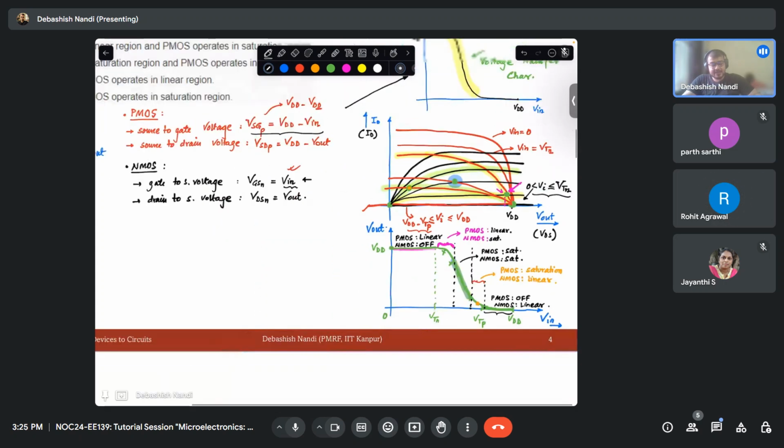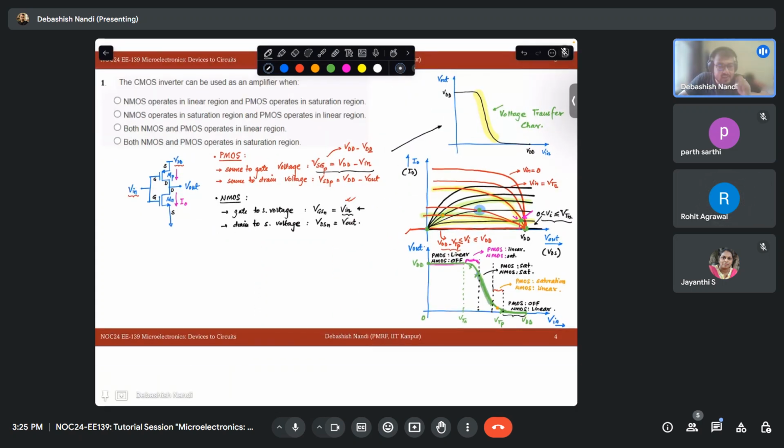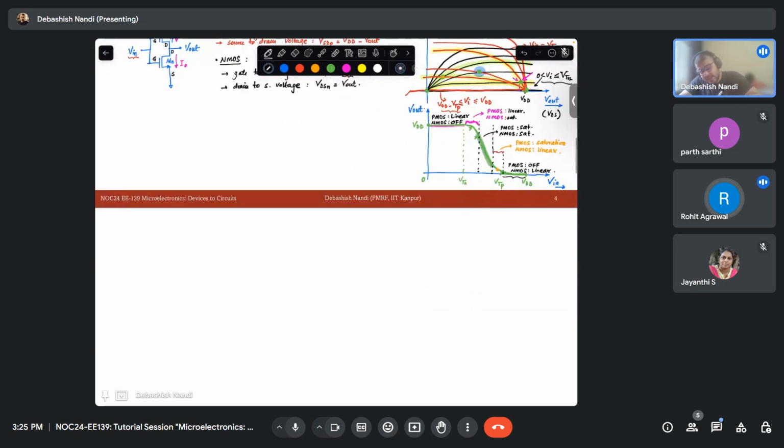The high gain region, where both MOSFETs have to be in saturation region. Why is it a high gain region? What is your gain? The voltage gain is nothing but dV out over dV in, the slope of the input output characteristics. So if you just plot the slope, how will it look?